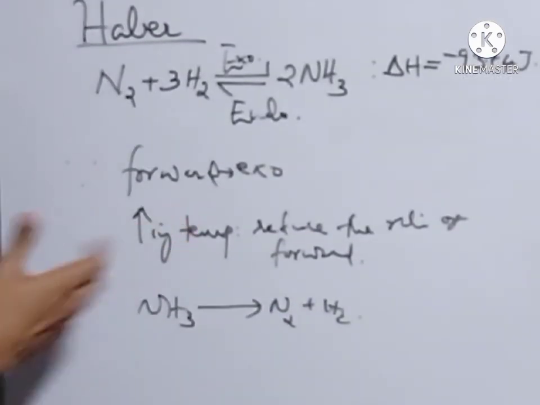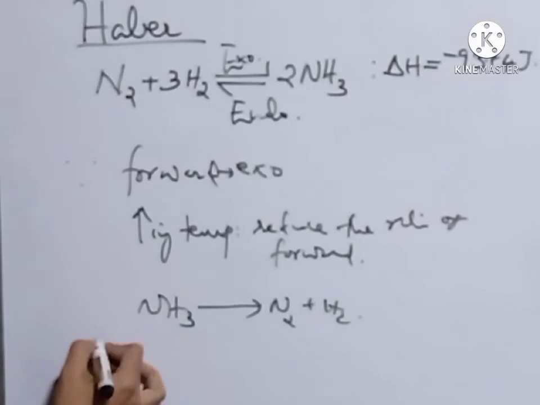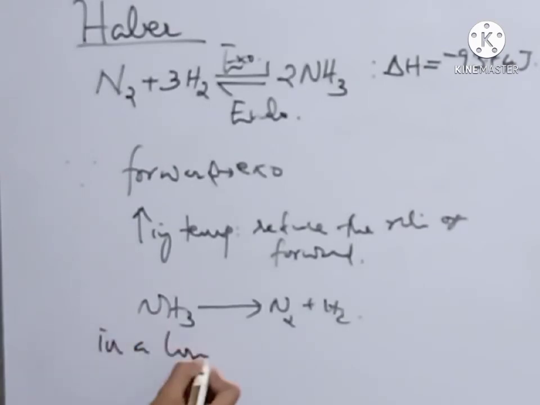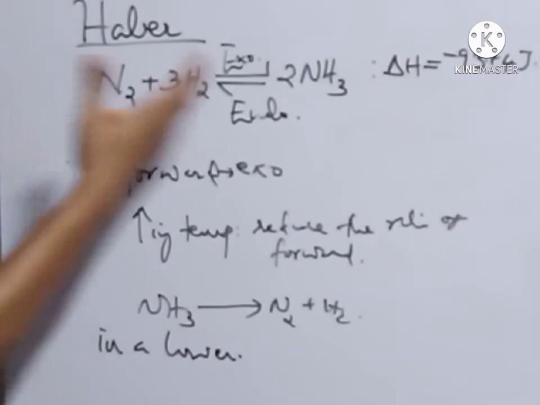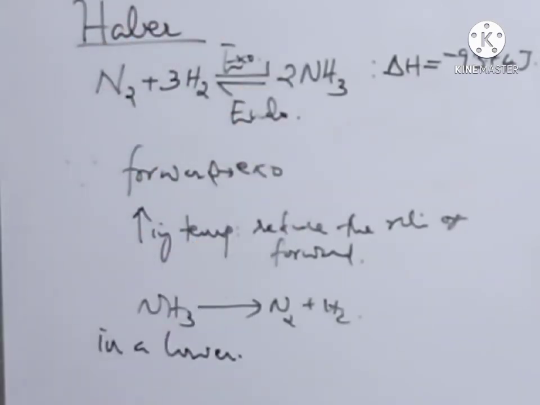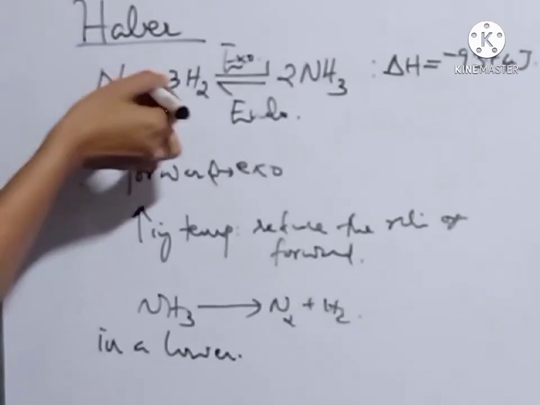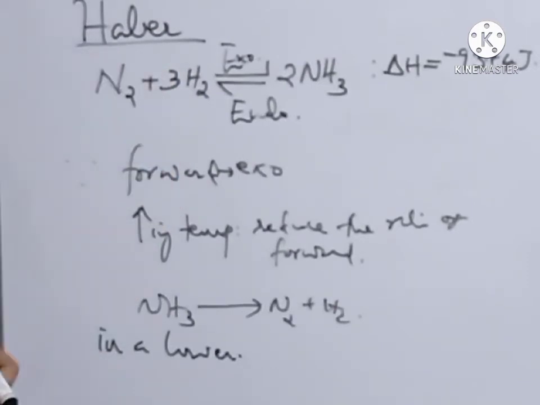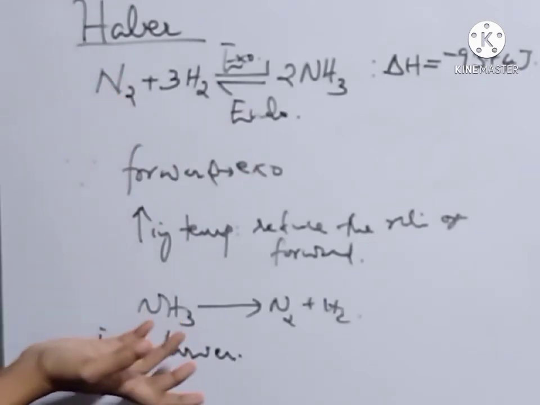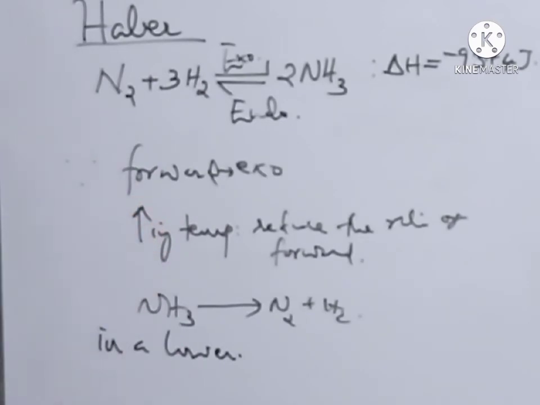So the Haber process should be done at a lower temperature. Then only we can prepare a larger amount of ammonia. But one more thing is there: if the temperature is very low, the kinetic energy of these gas molecules will be less. Because of that, this reaction will not occur very easily. So the optimum temperature for the Haber process is 773 Kelvin.